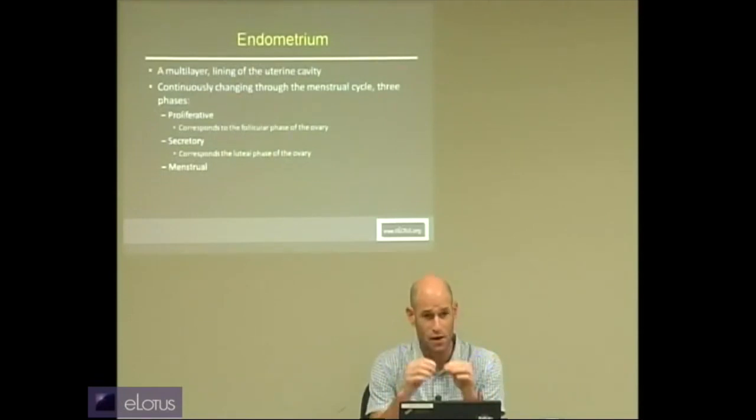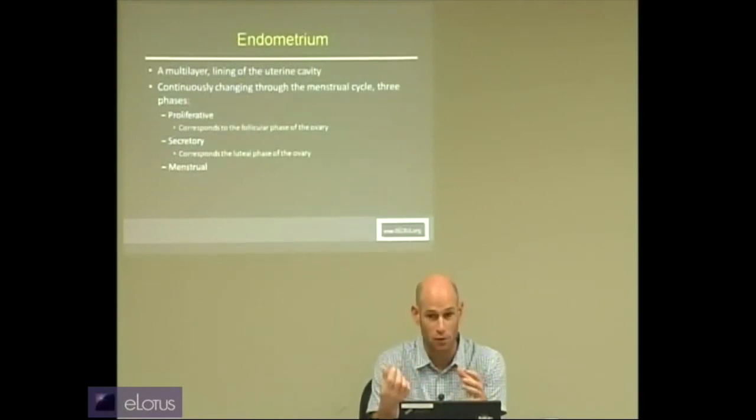That's the time that the endometrial tissue inside of the uterus is proliferating. That's occurring at the same time as the follicular phase of the cycle. But the follicular phase refers to the ovary and the growth of the follicle. So the proliferative phase and the follicular phase are the same thing. They're just referring to different parts of the organ.